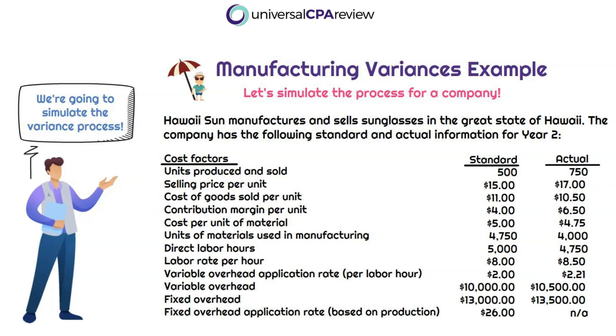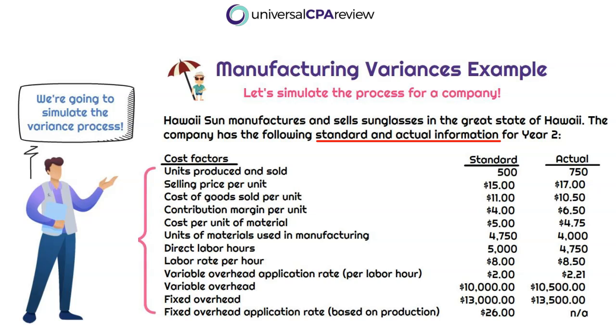We've picked a great company. It's called Hawaii Sun, and they manufacture and sell sunglasses in the great state of Hawaii. Now they give us the following standard and actual information for year 2, and there's a lot of information here.